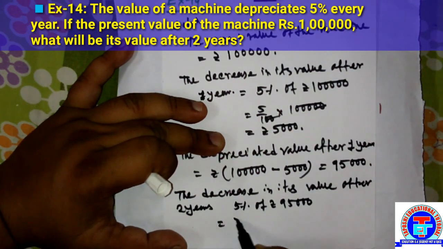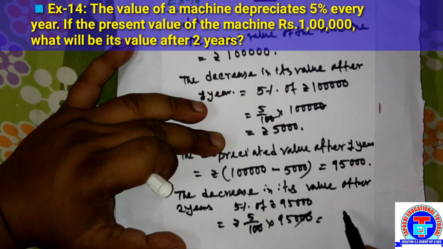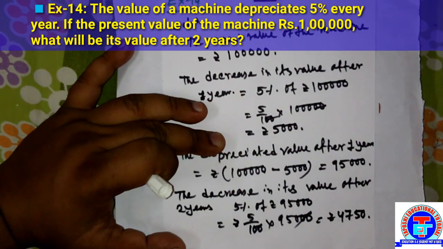That means it will become rupees 5 by 100 into 95,000. 0 cancel. It will become rupees 4,750. Right.